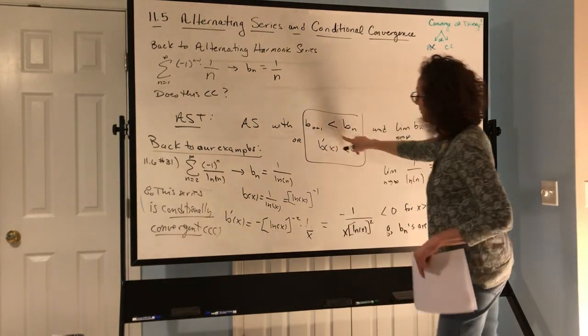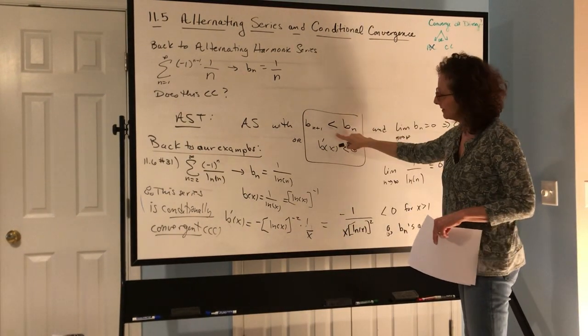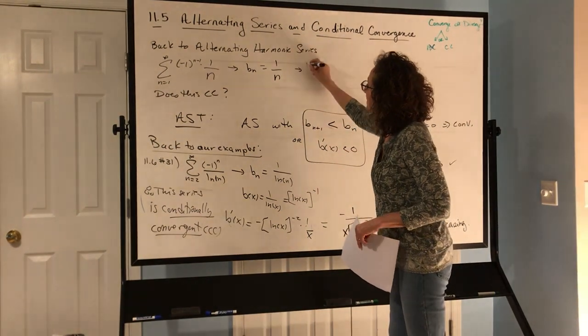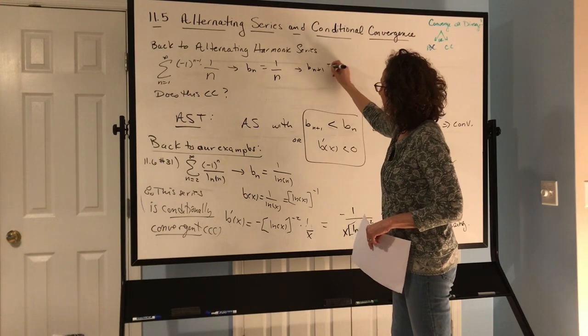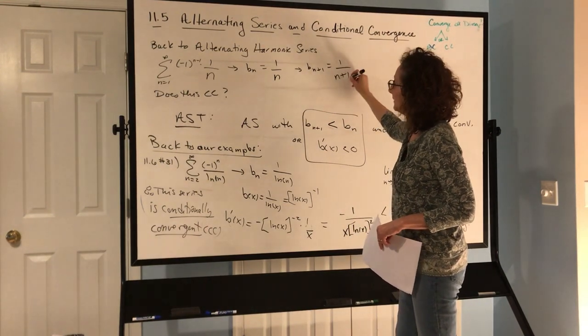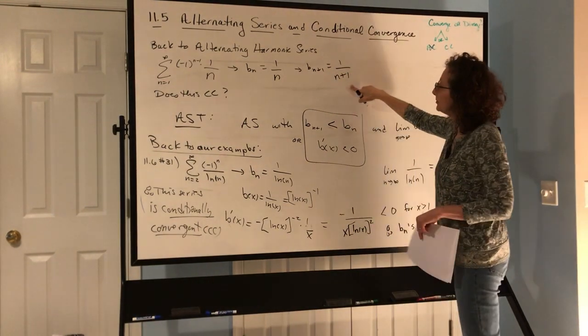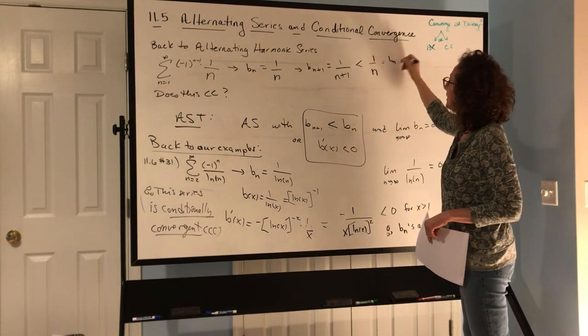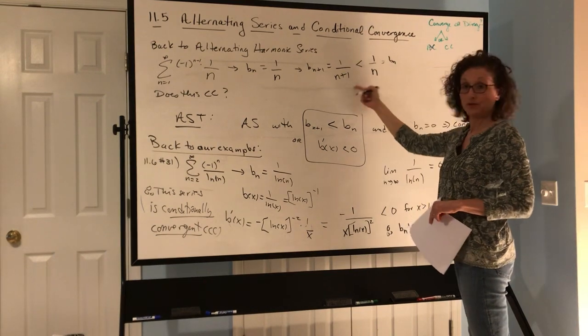Now let's do the other one. That's pretty simple. b_(n+1) is not hard. b_(n+1) is 1 over n plus 1, and 1 over n plus 1 is strictly less than 1 over n, which is our b_n. Why? You've got to convince me you understand why.